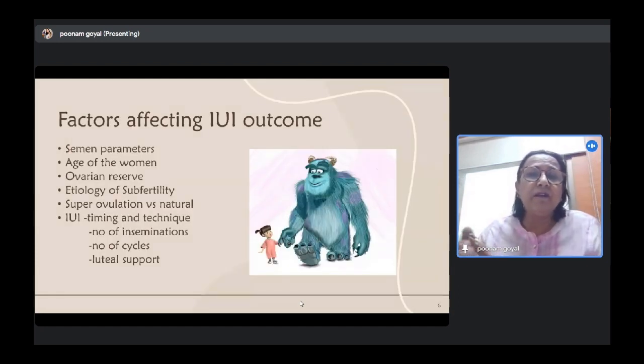Now, factors which affect the IUI outcome. First and foremost important is the semen parameters, of course. Then the age of the woman, her ovarian reserve, etiology of subfertility, superovulation versus natural IUI, then IUI timings, technique, the number of inseminations you are doing, the number of cycles, and what luteal support is being given to the patient.